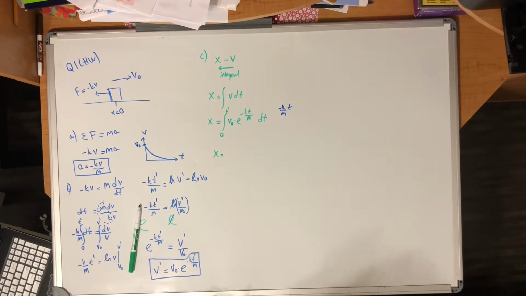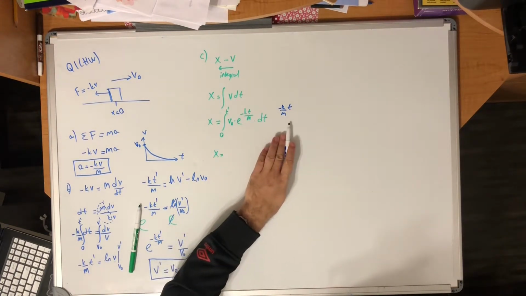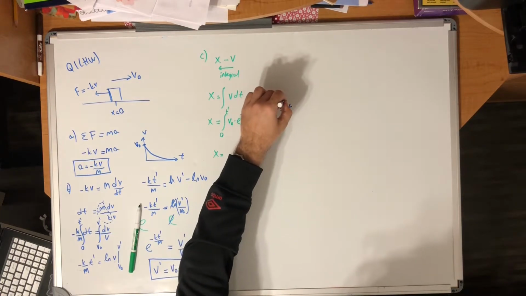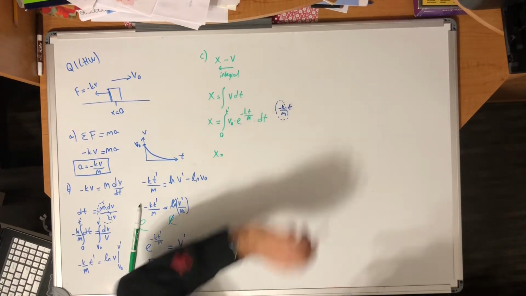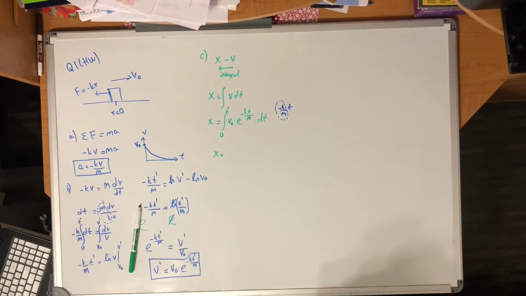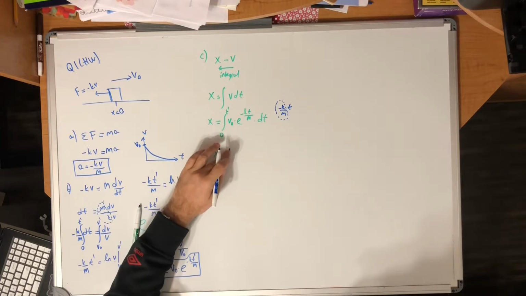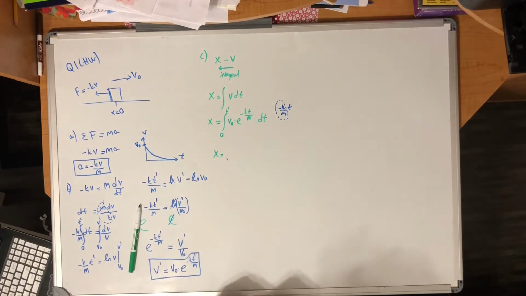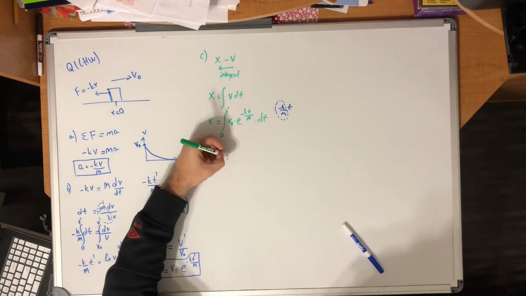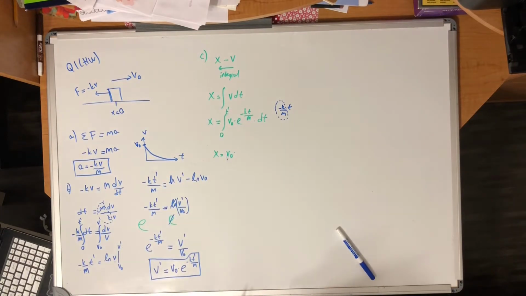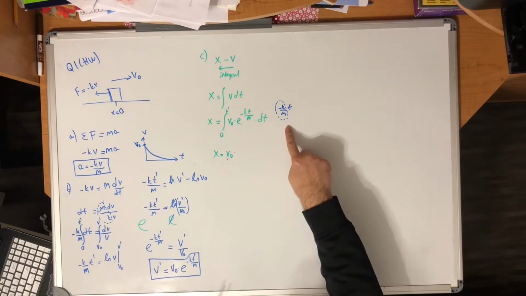The integral of this function is to flip the coefficient. v0 is just v0 because it's a constant. And when you're taking the integral, flip the coefficient.